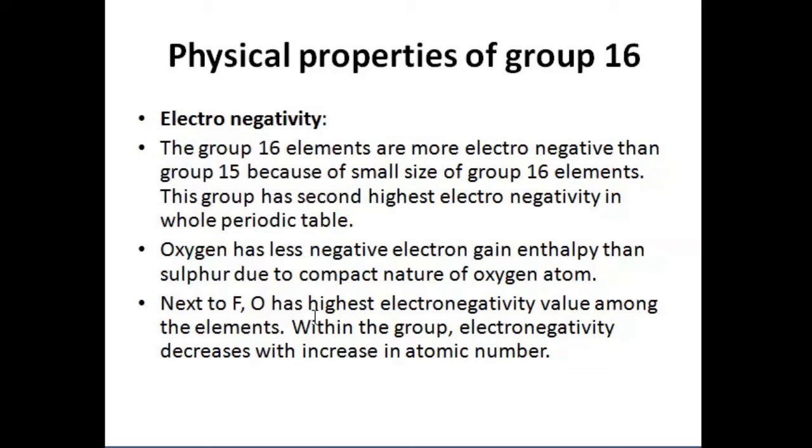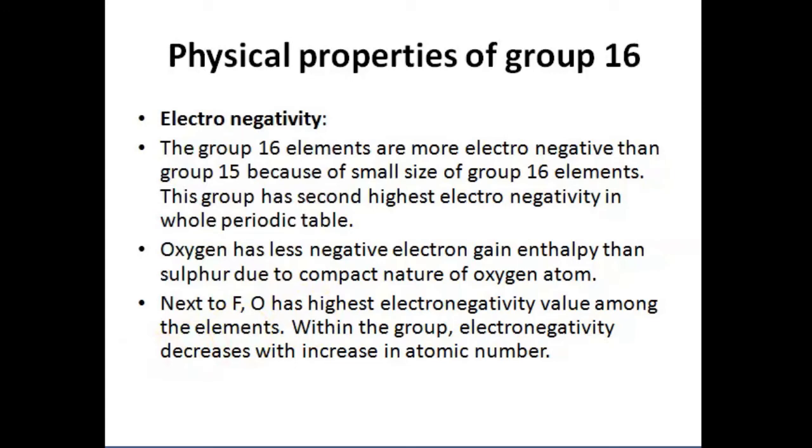We all know that fluorine is the most electronegative element, and next to fluorine, oxygen has the highest electronegativity among all the elements. Within the group, electronegativity decreases with increase in atomic number.